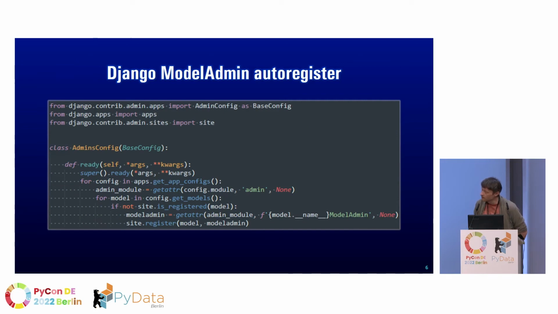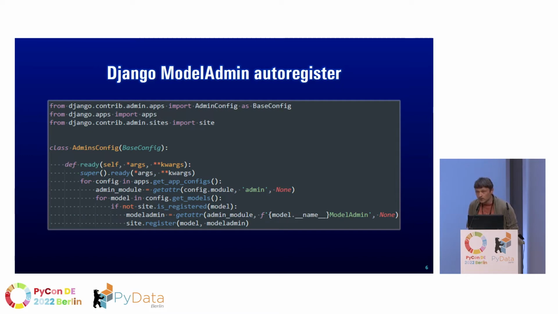If we start to do something like that, after super, we take the config from every app, and we ask this config, hey, config, do you know about admin in your app? Config answers us, and after that, config gives us the admin module, and after that, we ask the app config, hey, app config, do you know about your models? Of course, app config answers, please take models from my app.